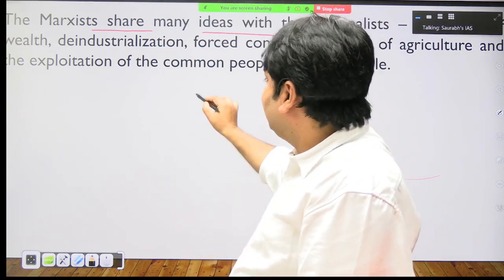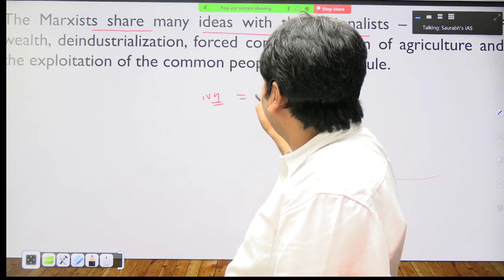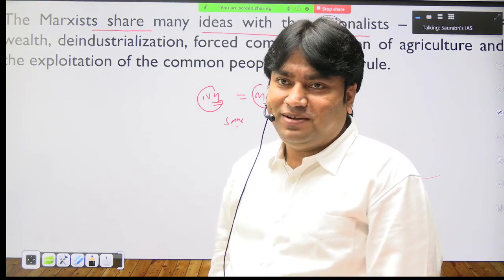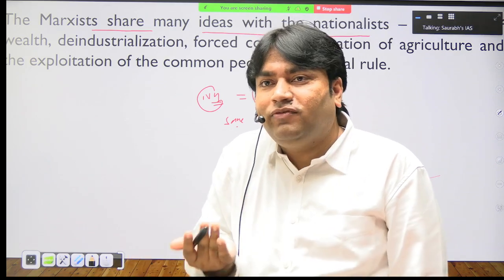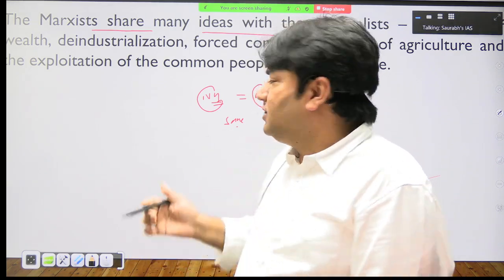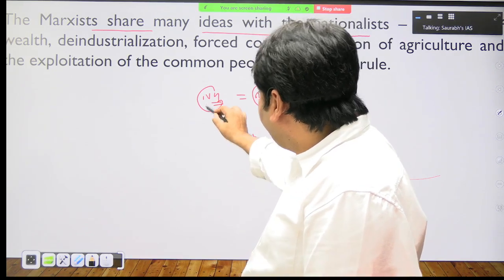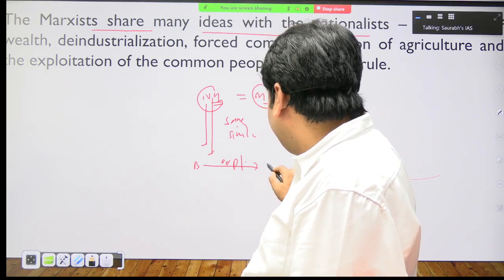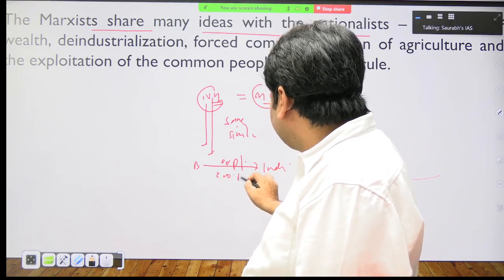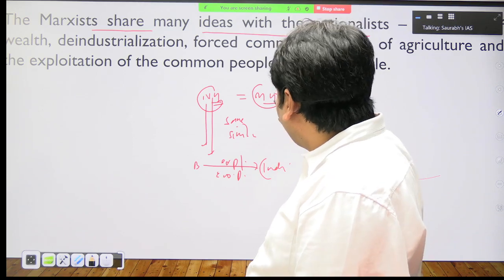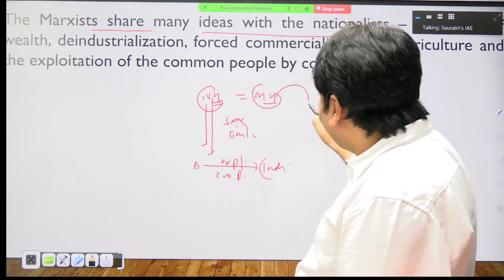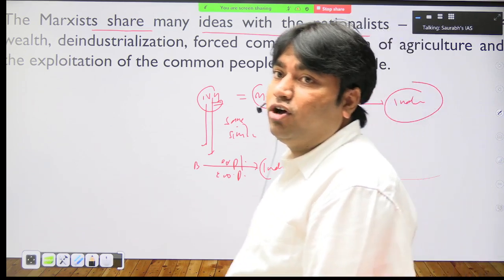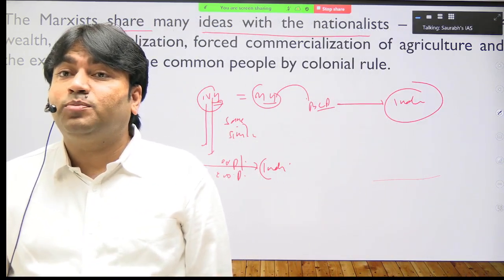At many points the opinion of nationalist historians and Marxist historians are similar. What does it mean? It means nationalist historians say that British are exploiting India, right? British economic policies are exploiting India. In the same way Marxist historians also believe that British economic policies are exploiting India. ब्रिटेन की इकोनॉमिक पॉलिसीज क्या कर रही है? इंडिया को एक्सप्लॉइट कर रही है.